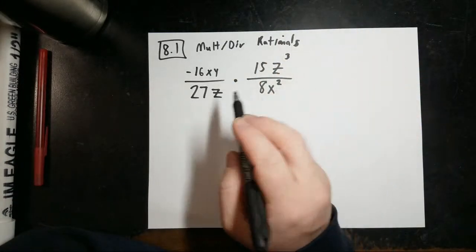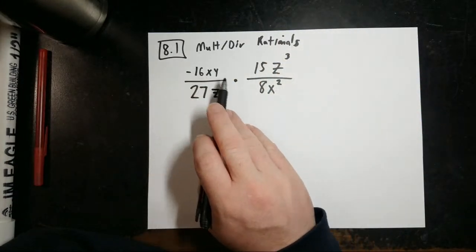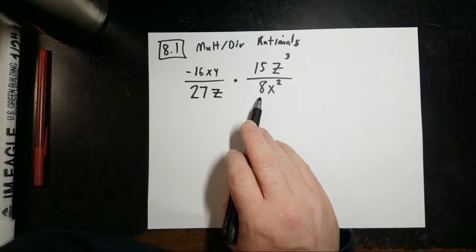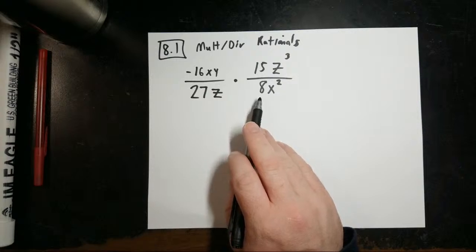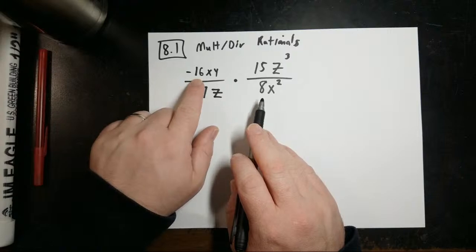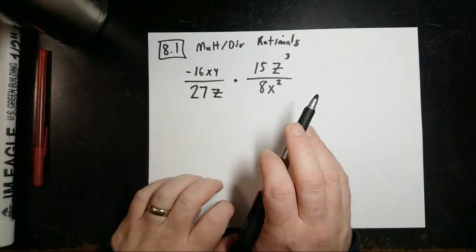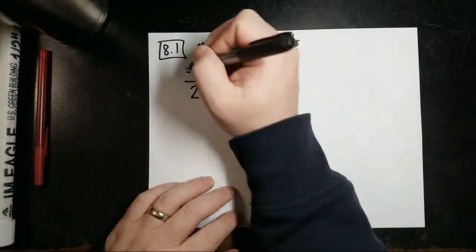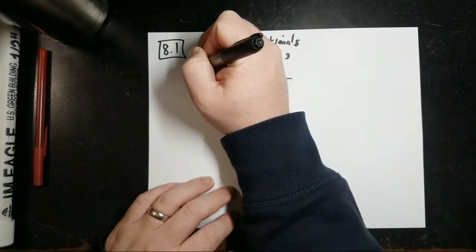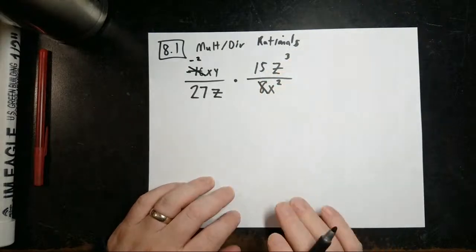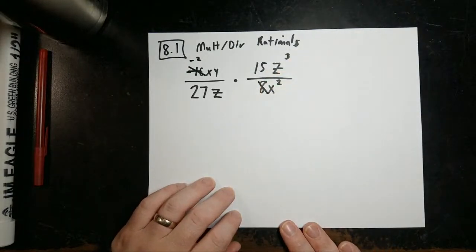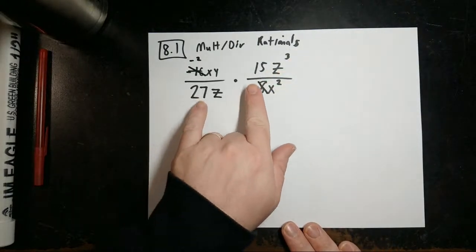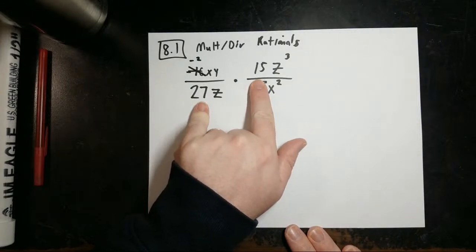Piece at a time, you could see a negative 16 and a positive 8 that are being forced into a fraction together. Negative 16 on top, positive 8 on bottom. Again, everything's being separated by multiplication and division. This would become a negative 2, and this would just cancel out completely. You can do the same thing with the 15 and the 27, except with a different number.